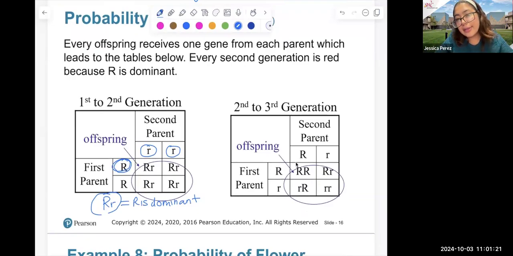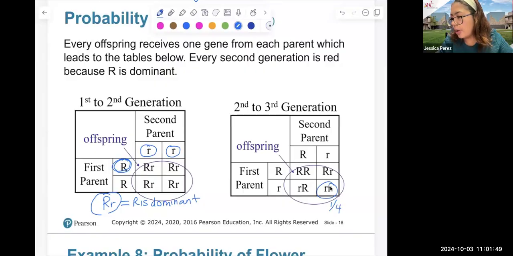Then for the second and third generation, the first parent will be R little r, and the second one will be R little r. So the combinations are R R, R little r, little r R, and little r little r. The first three still produce red. And look at the last one, little r little r: that is pure white.